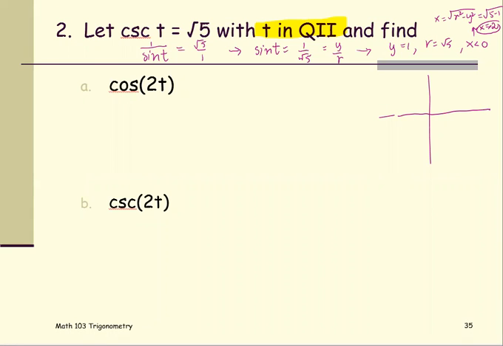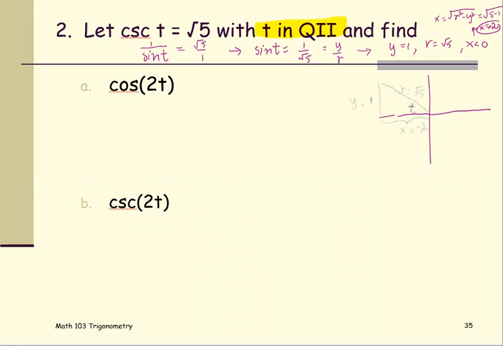Sketch the angle in the second quadrant. For angle t, x is negative 2, y is 1, and r equals square root 5.